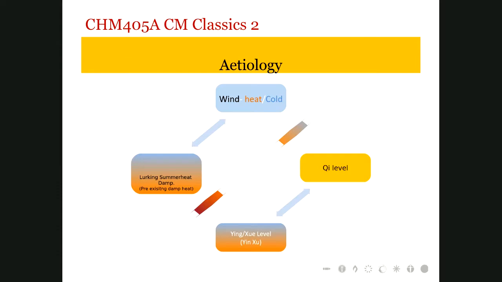This is an image to help us understand what happens during the invitation for incubated summer heat. No matter whether it is wind heat or wind cold in the autumn or winter season, when it invites the incubated, unresolved summer damp heat internally, it can cause issues, either from simultaneous Wei level or Qi level disorder.